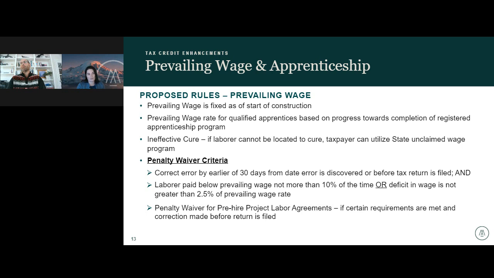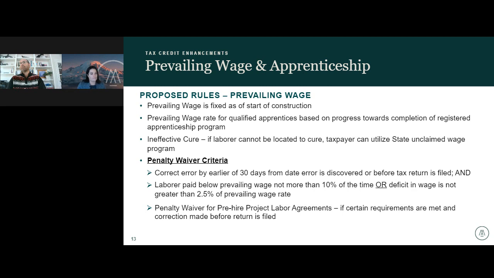And those are going to be the wage rates that apply for the course of your project, with the exception of if you add significantly to your scope of work, then it will be a new prevailing wage rate for that additional scope of work as of the start of construction for that addition. Or if you go significantly past your originally proposed timeline, then the prevailing wage rate will sort of start again once you're past your originally scheduled completion date.